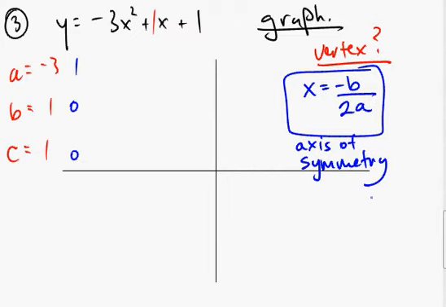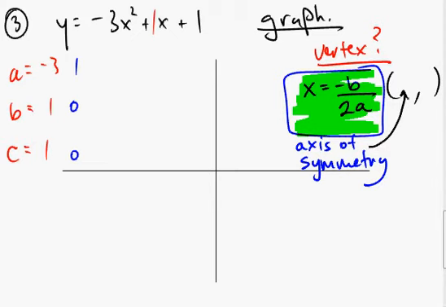Okay? So when you're graphing these quadratic equations, the vertex is the most important part. You really need to figure that out first. Where is that? On a question like this, you can use this formula to help you find the axis of symmetry, which will tell you the x value of the vertex.